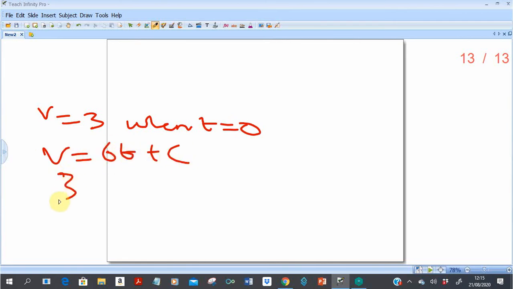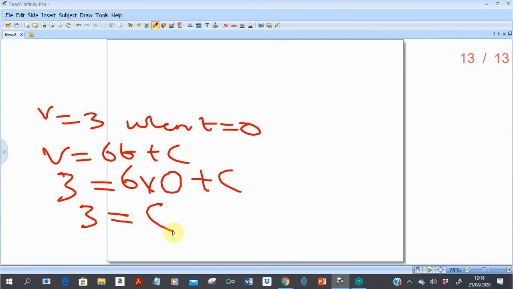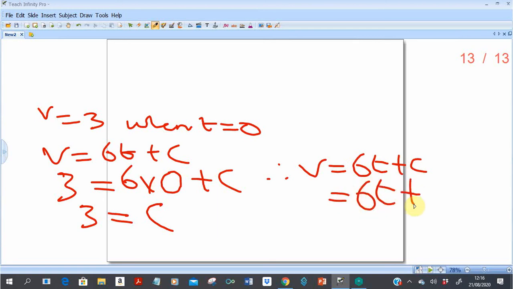So we replace: 3 equals 6 multiplied by 0 plus c, this will give us 0. That implies that 3 is equal to c. So c is equal to 3. Therefore, velocity, which was given by 6t plus c, is 6t plus 3 because our c is 3. Okay, so this is the required expression for velocity.